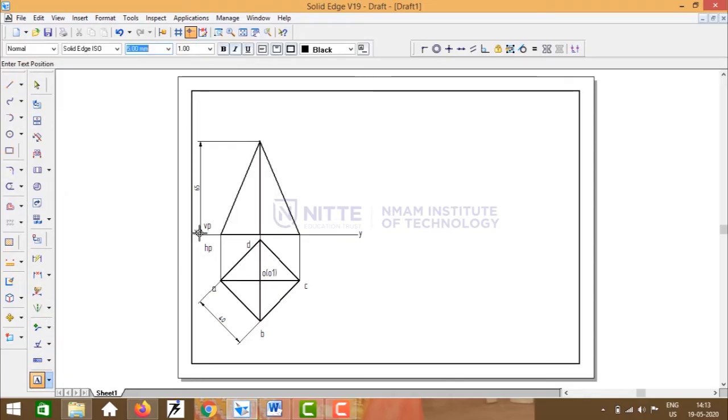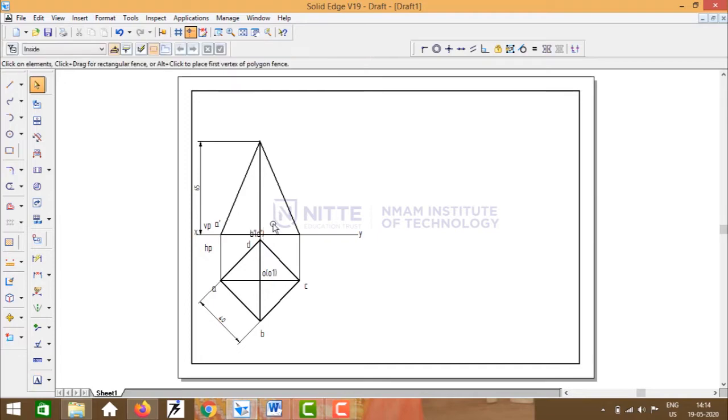Name it A dash. Here comes B dash. Inside bracket there is B dash. Behind B dash we will be having the point D dash.